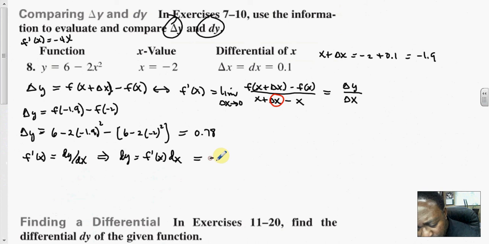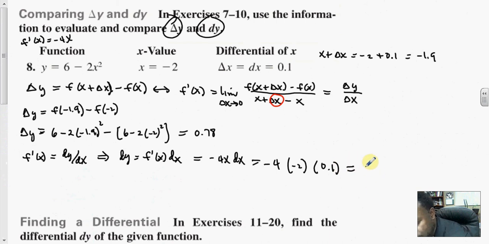So this becomes negative 4x times delta x, or dx. So this is negative 4, x is negative 2, and dx is approximated by delta x, 0.1, and that gives us 0.8.